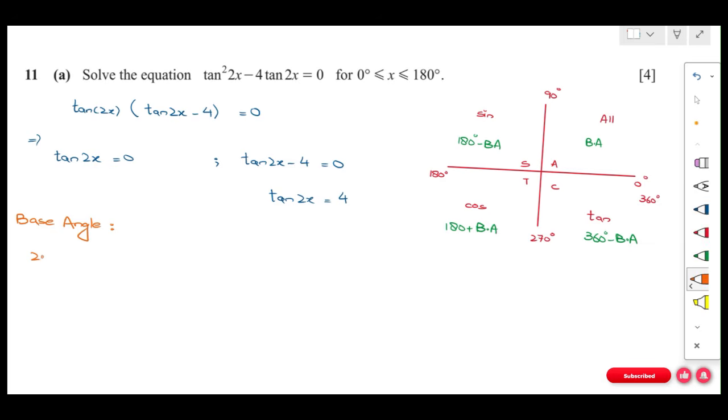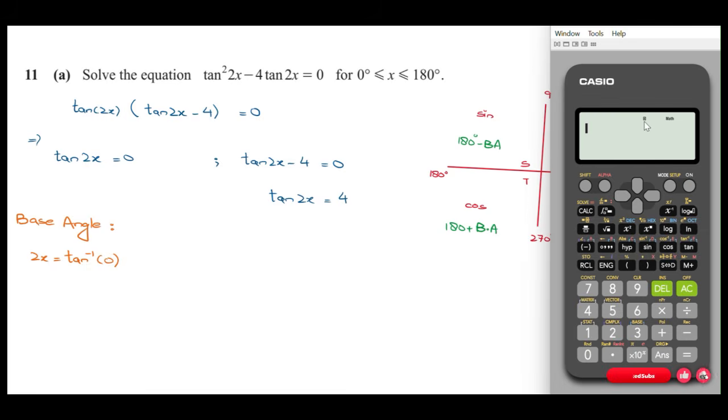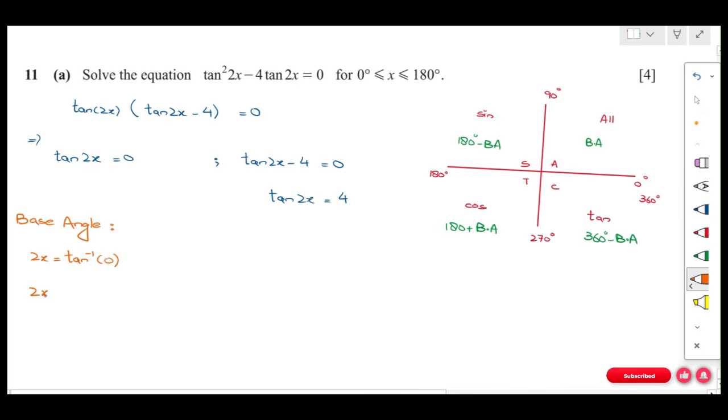The base angle here is: 2x should be tangent inverse of 0. What is tangent inverse of 0 in degrees? My calculator is in degree mode, right? Tangent inverse of 0 is 0. So 2x equals 0, that is my base angle.